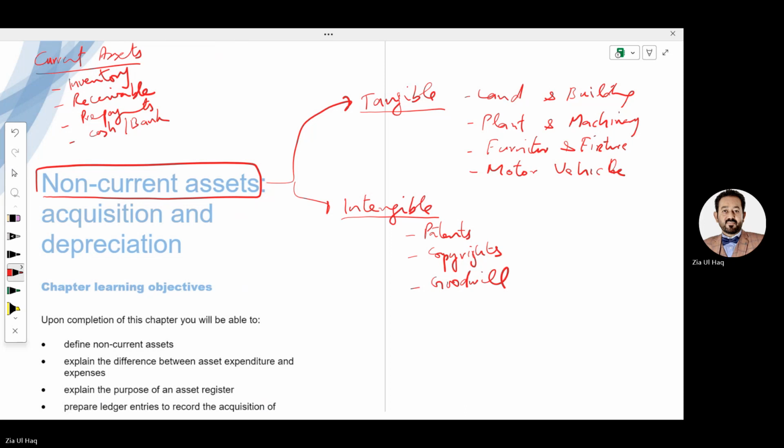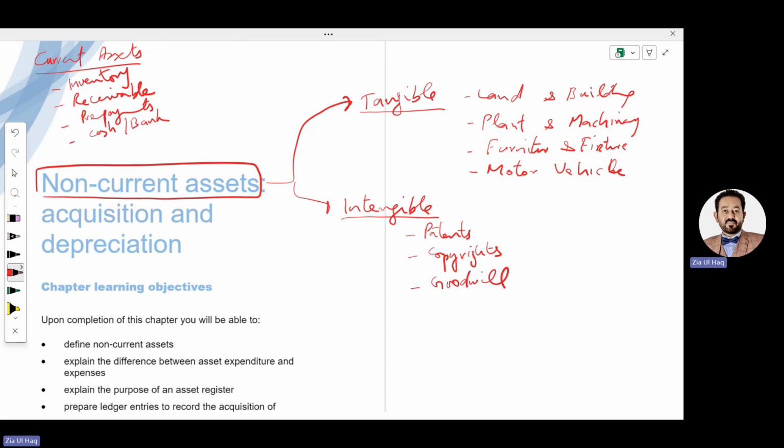Suppose there is a business whose value of assets is 100,000, but you are going to buy that business for 120,000. The 20,000 is what you are paying more for its reputation, and that is called goodwill. The amount over the asset value due to the repute of the business is called goodwill.